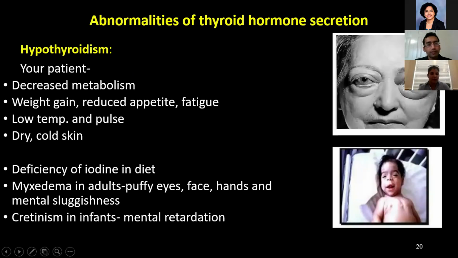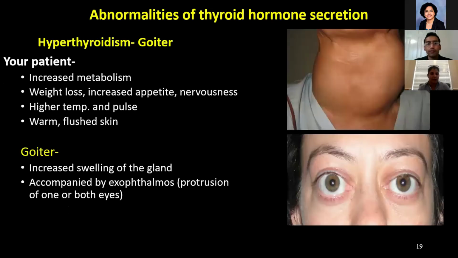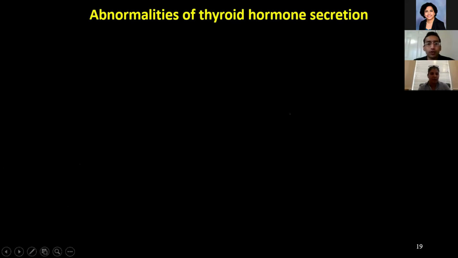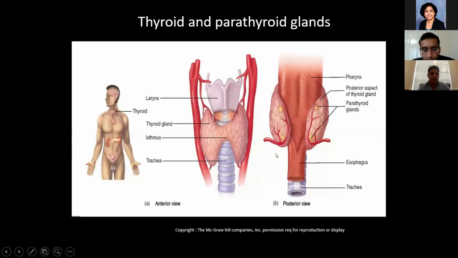Now, let me tell you a quick scenario. In my case, one of the patients came to me with these symptoms, and she had exophthalmos, which is the protrusion of the eyes, and hyperthyroidism. And then the surgeon did a surgery and removed the thyroid gland. Now, when they removed the thyroid gland, I had told you before that the parathyroid glands are behind this.